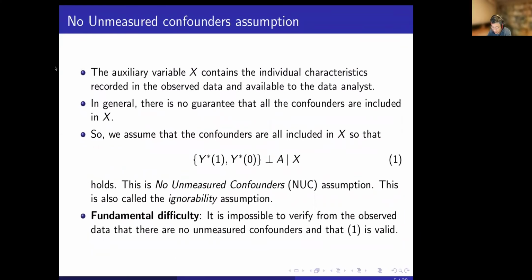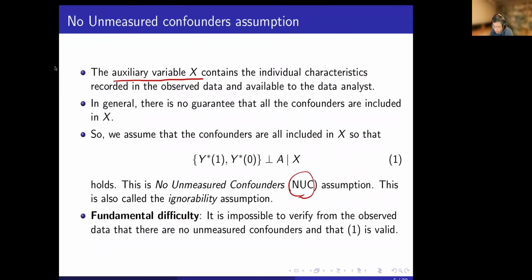We call it the no unmeasured confounder assumption. Basically, it means that the auxiliary variable X contains all confounders.